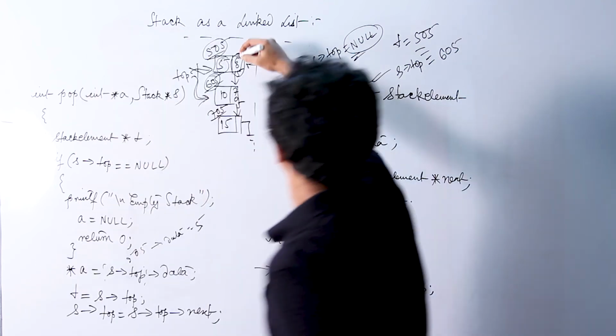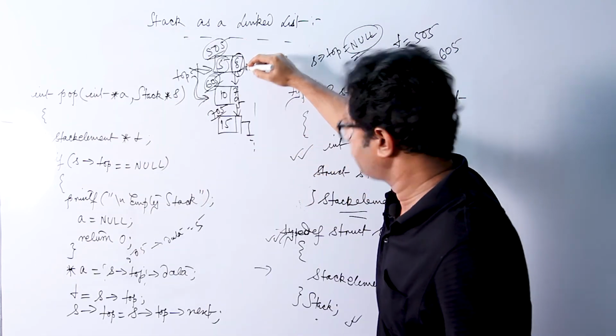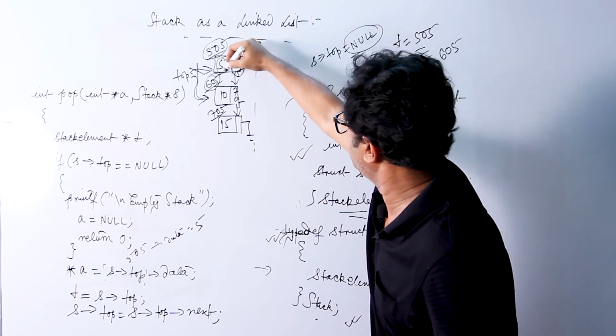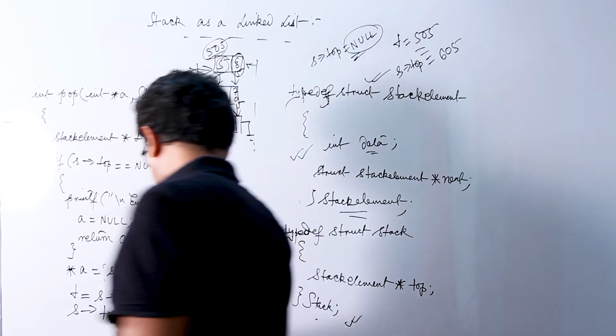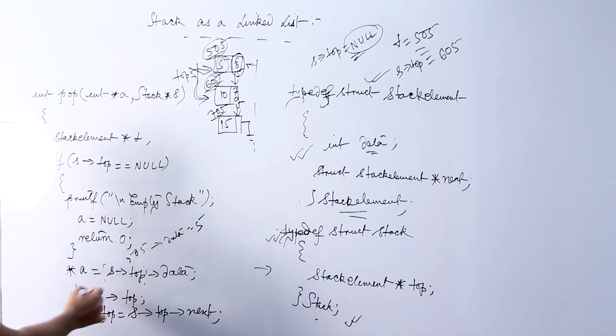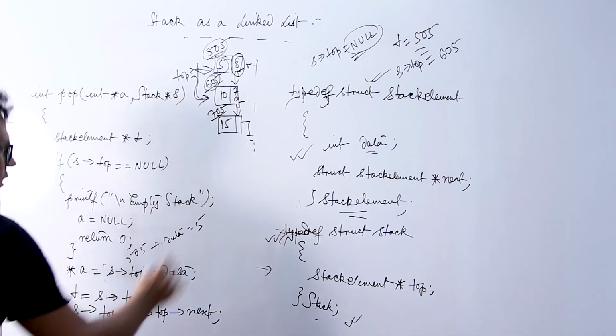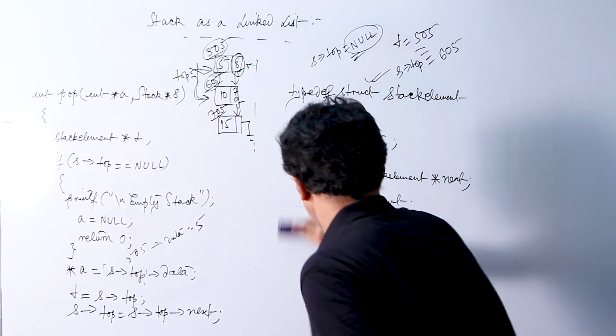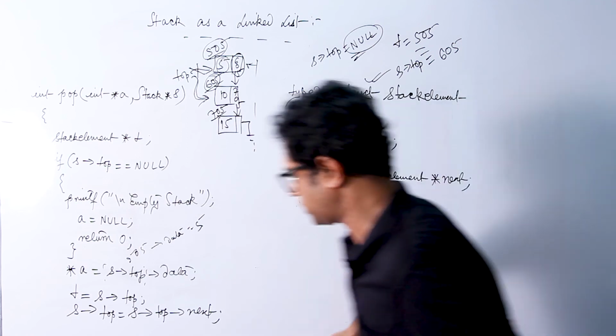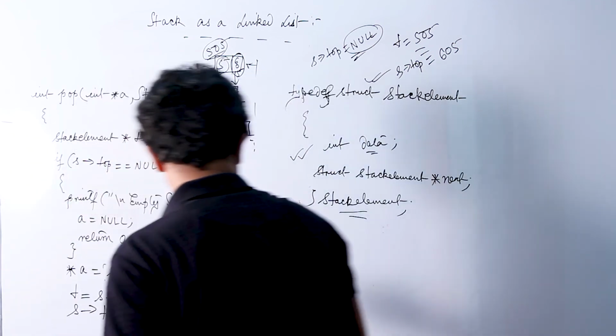Now for freeing this original top position, that is 505, we have kept this address in the T pointer. So let me rub a little portion of this part to create space for writing that.